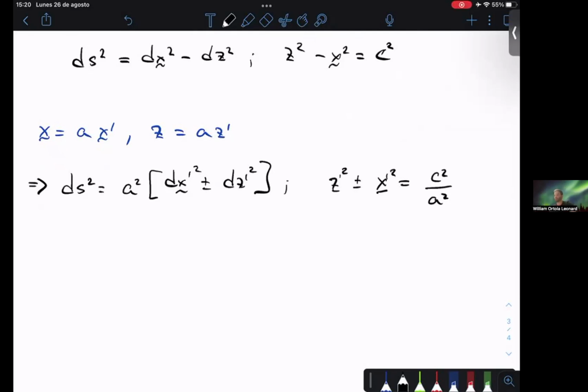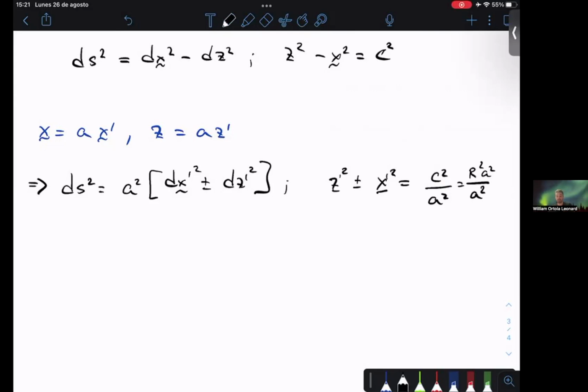And now the following thing that we're going to do is remember that this c is just like a radius, and so we are able to write it as some other radius, which we're going to set equal to 1. So let's say we call it r, and it can also be multiplied by this scalar factor, which gives us r squared times a squared divided by a squared.